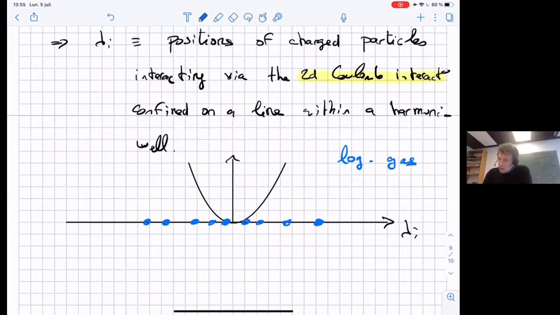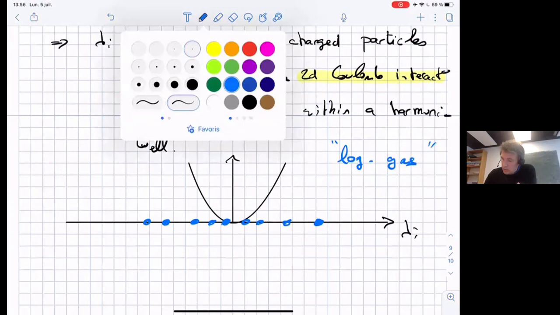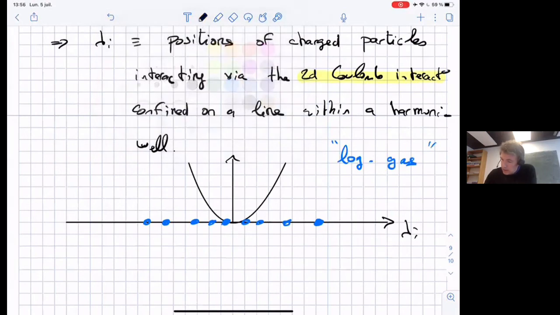This was introduced again by Dyson. What is quite nice is that we moved from a purely mathematical problem with eigenvalues, and we translated it into a statistical mechanics problem: particles in a quadratic potential.